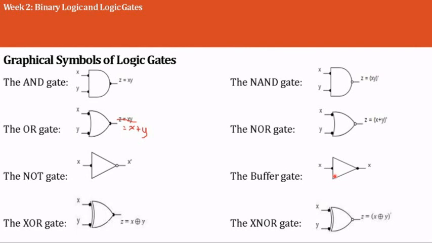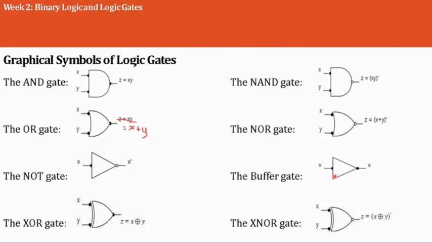And we have here the buffer gate. We have an input X. Whatever your input is, it is also your output. So what is a buffer? The buffer simply copies the input to the output from the logical point of view.